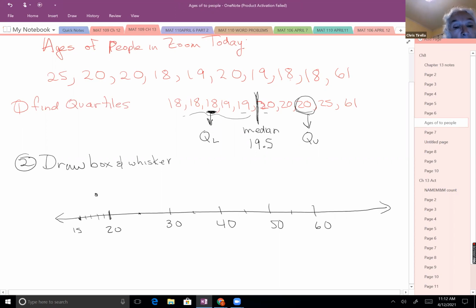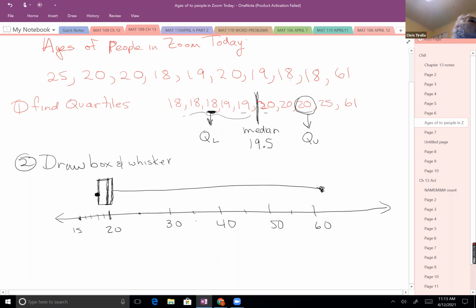Our lowest value is 18. Our lower quartile is also 18, so that's going through the dot for the same values. Our median is 19 and a half. Our upper quartile is 20. So we've got this tiny little box. And then our maximum value is way out here, 61.